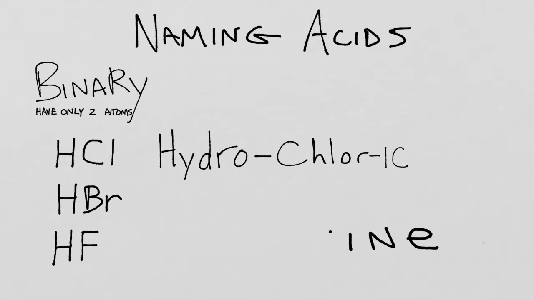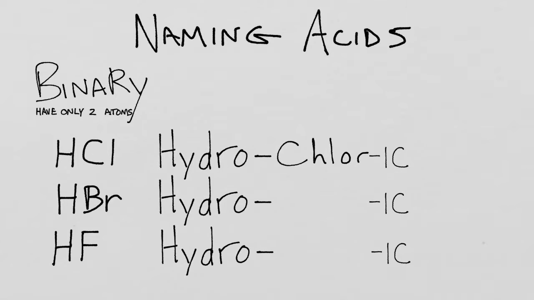There we go. So hydrochloric acid. So for HBr, we're going to get hydrobromic acid, and for HF, we'll have hydrofluoric acid. So that's how we name binary acids.